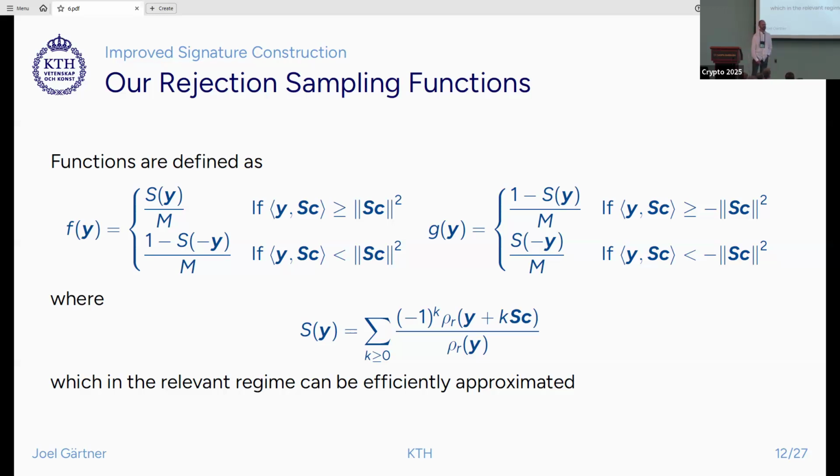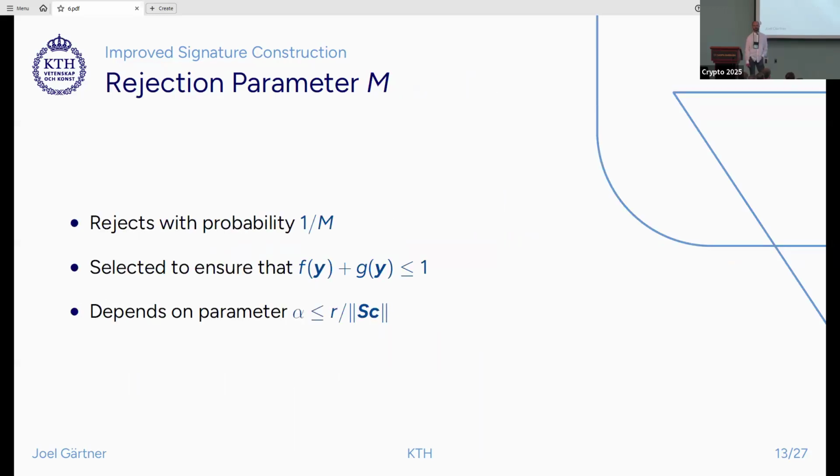Noteworthy here also is that the functions are defined with this rejection parameter m, and this has an important impact on the efficiency of the scheme, as in expectation, the signing attempts will be accepted with probability 1 over m. And the reason we need this rejection parameter m is to ensure that f of y plus g of y is always upper bounded by 1, so that we can use these functions as probabilities.